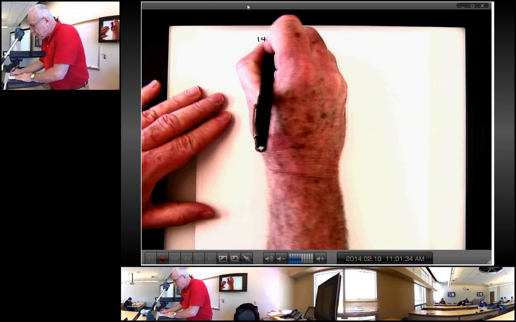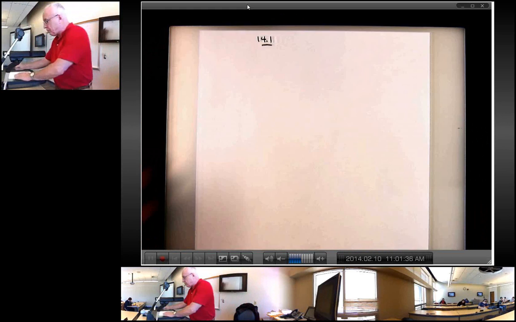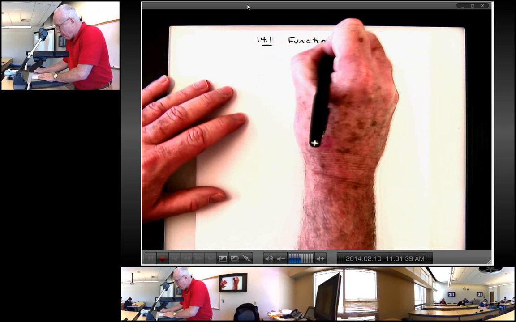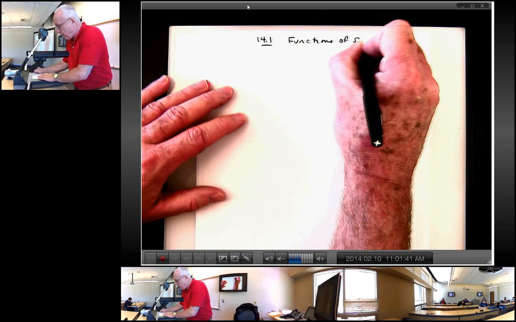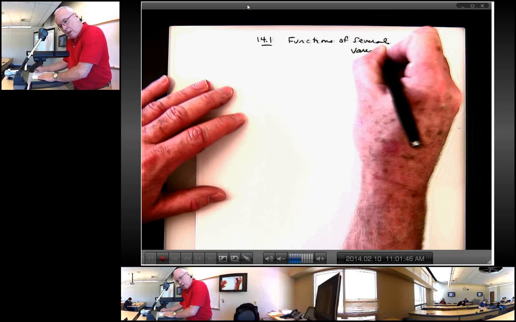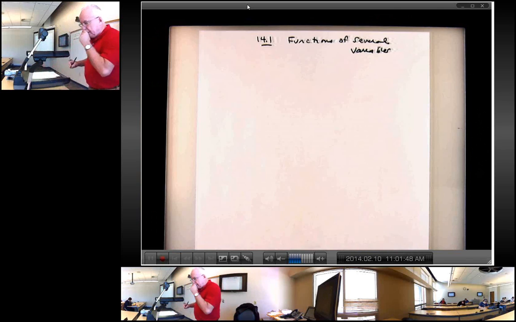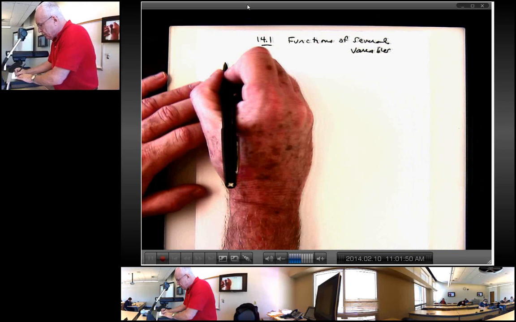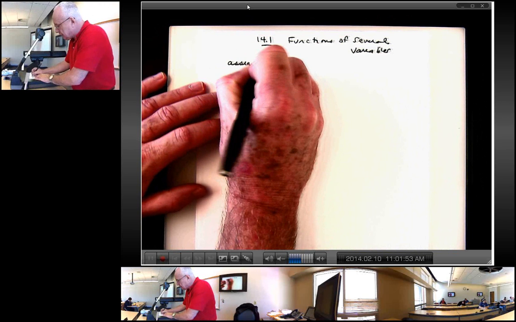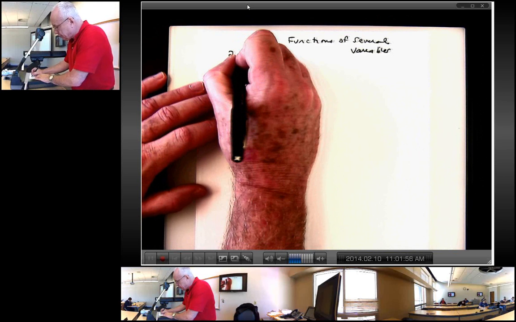And so this is 14.1, and it introduces functions of several variables. So basically, let's look at a function of two variables.